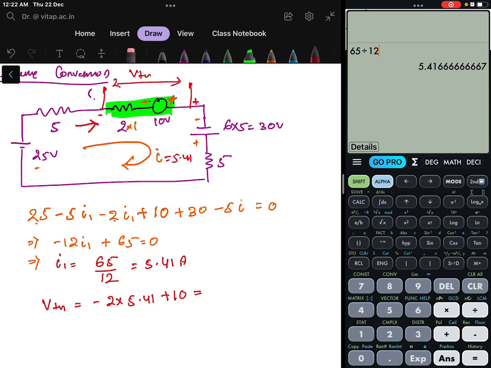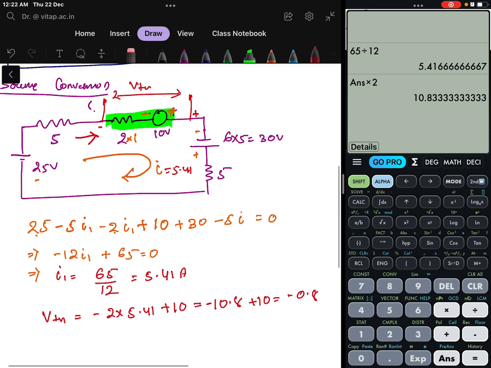Okay, so that will be equal to 2 into 5.41, so 10.8. Minus 10.8 plus 10, so that is equal to minus 0.8. So the voltage is coming as minus 0.8. That means this VTH value is minus 0.8, so that means the polarity will be the opposite way.